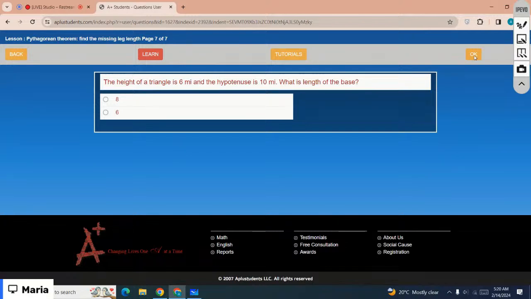The height of a triangle is 6 and the hypotenuse is 10. What is the length of the base?